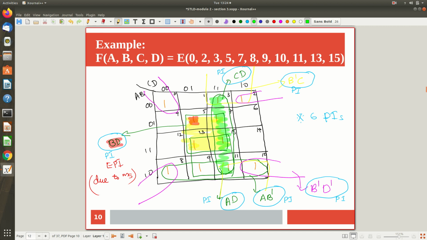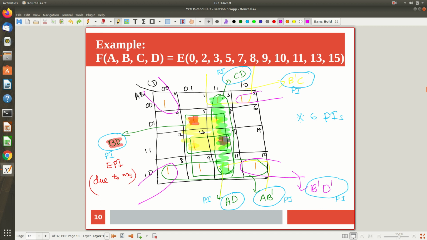This bigger grouping. If I'm looking at this particular grouping, focus on each one, say this is the first one. Is it making this CD essential? This is part of this grouping, as well as this one is part of this grouping also. So it is part of two groupings, so that is not going to make it essential. Now if I am looking at this one, it is part of many groupings, you can visualize from the figure itself, so that is not going to make it essential.